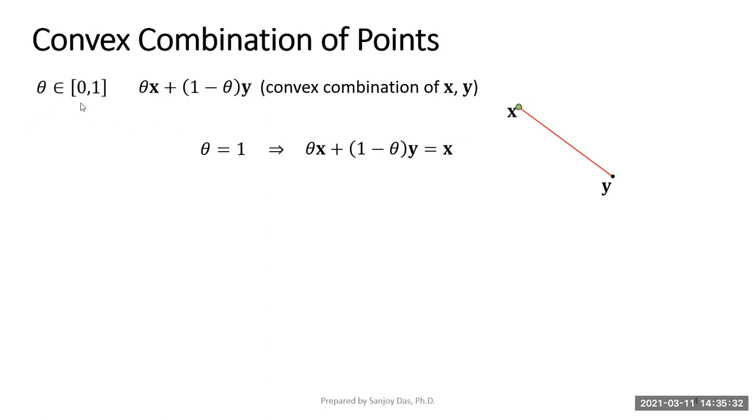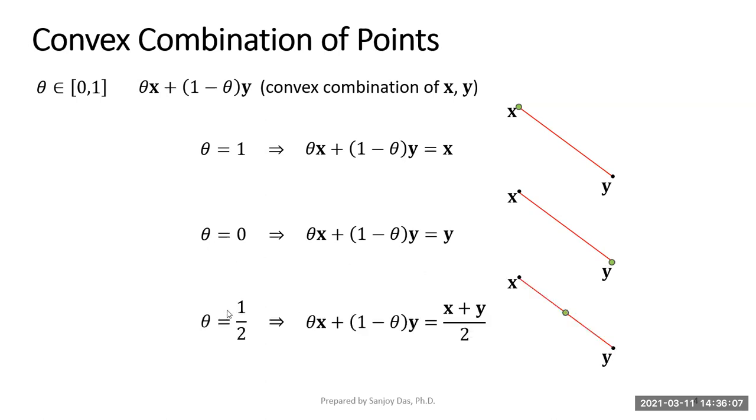Theta can be anywhere in this closed segment between 0 and 1. It's the point x itself when theta is 1. When theta is equal to 0, then theta x plus 1 minus theta y is equal to y. So this convex combination of x and y with theta equals 0 is the point y itself.